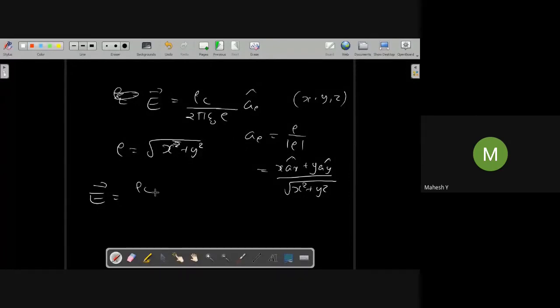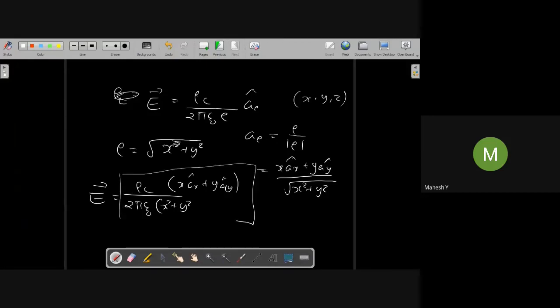E is equal to rho L divided by 2 pi epsilon 0 into x ax cap plus y ay cap over x square plus y square. Okay. So now can you find the value using this equation from first line as well as the second line?